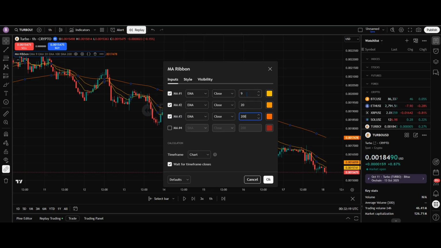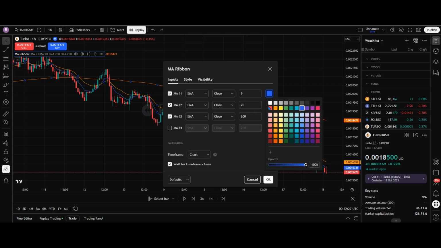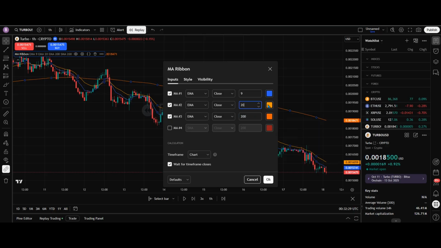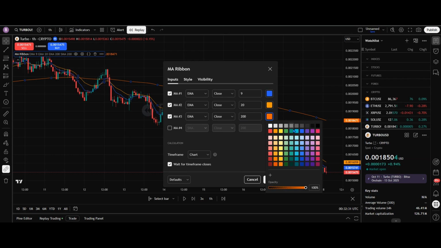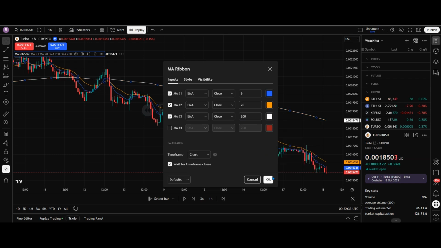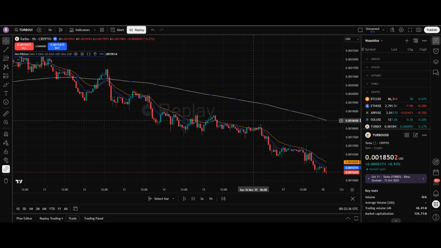So this is 9 days of moving price average, 20 days, 200 days, and so on and so forth. I like to change the color of the 9 to blue. I keep the 20 at orange and the 200 at white. So there we go. Chart doesn't look so messy right now.